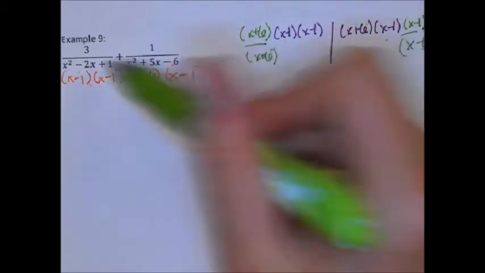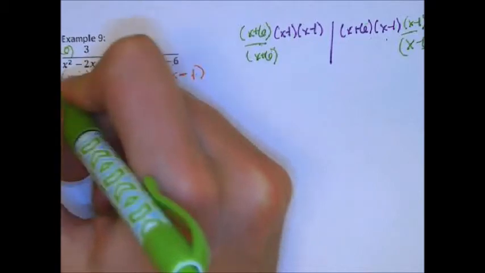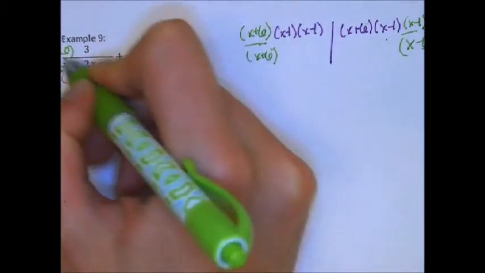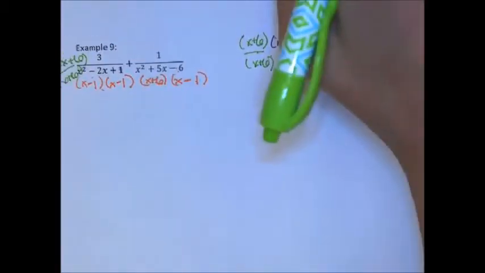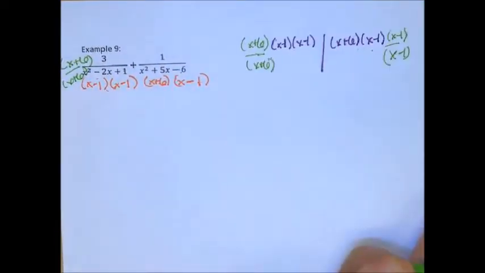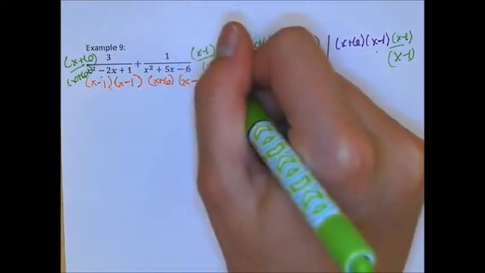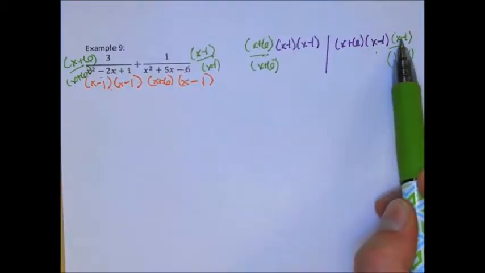So for this left fraction, I'm multiplying by x plus 6 over x plus 6. This fraction, I'm multiplying by x minus 1 over x minus 1.